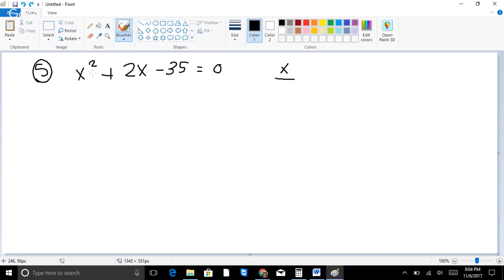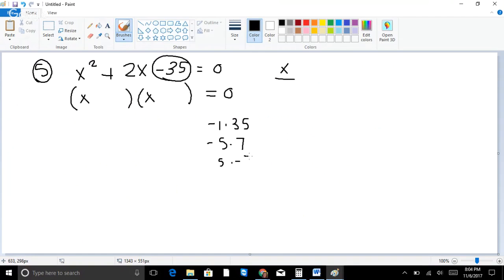All right, so let's see if we can factor it. I know factoring always looks like this, right? So I know to get x squared, I need to do x times x. Here I have a negative 35. So in order to get my last term of a negative 35, I could do negative 1 times positive 35, I could do negative 5 times positive 7, I could do positive 5 times negative 7, and I could do positive 1 times negative 35.